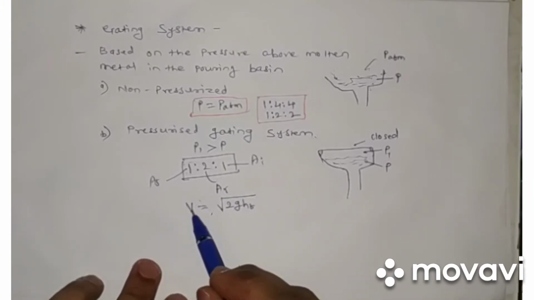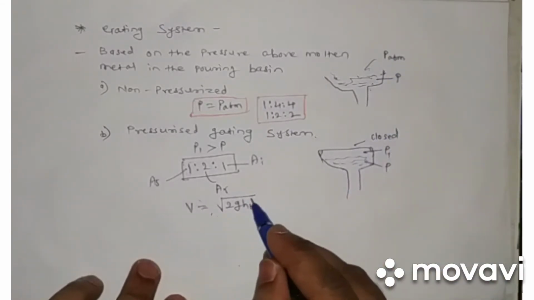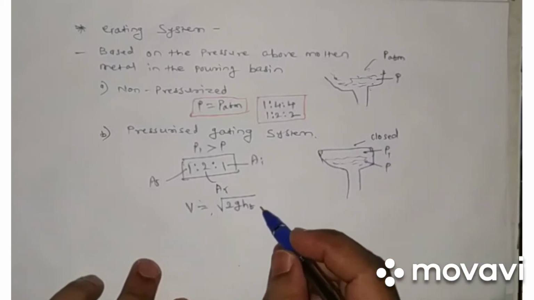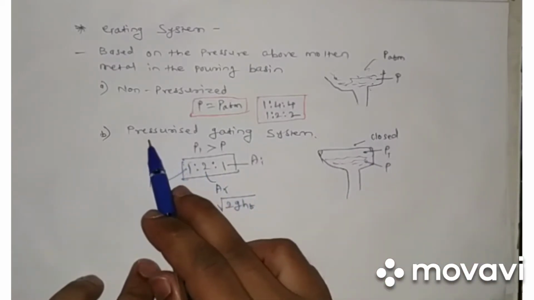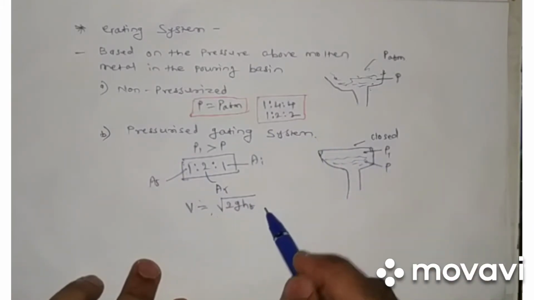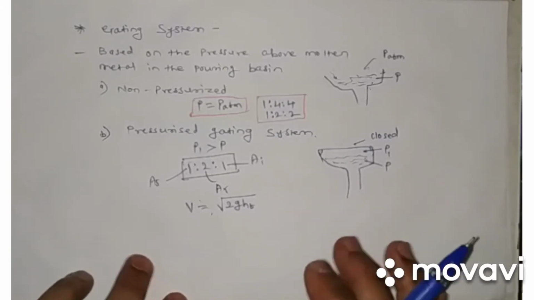Now if we want this velocity to be the highest, and if we keep it open to the atmosphere, this ht is larger, so the size is larger. But instead of that, if we go for a pressurized gating system, because of the high pressure, this height can be reduced. So this is another advantage of the pressurized gating system.